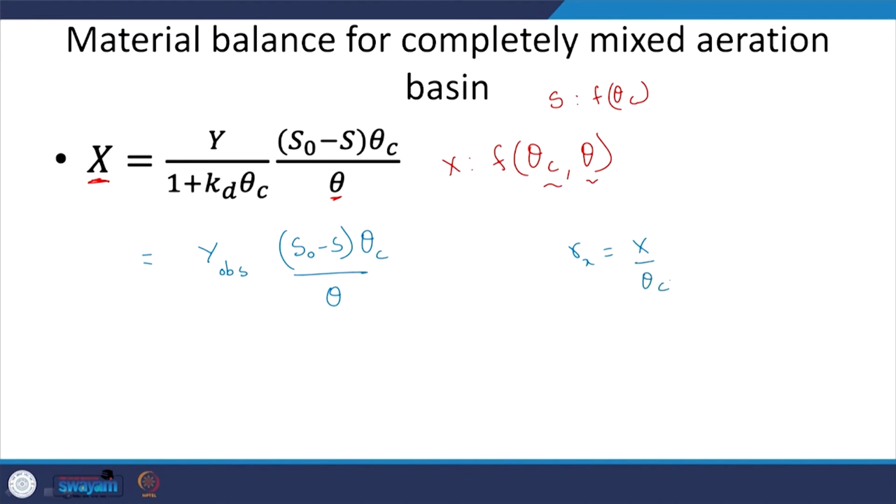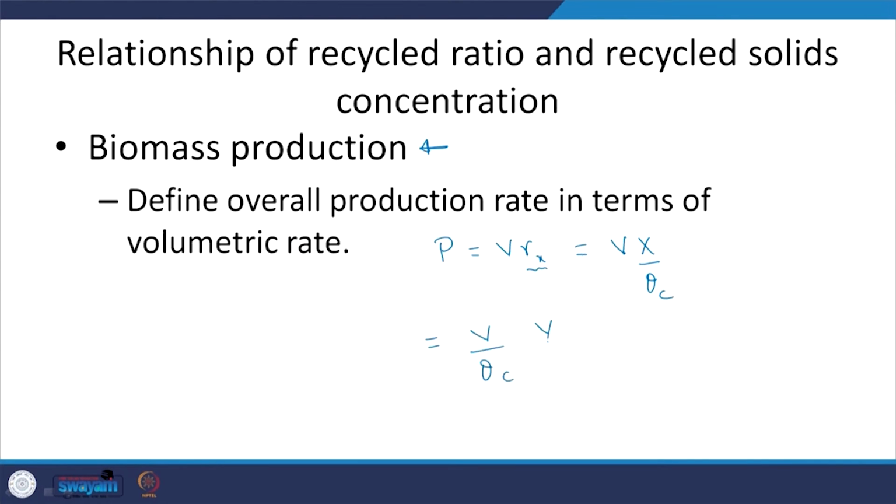Let me substitute this X term here: Y observed into S naught minus S, theta c by theta. I will cancel out theta c, ending up with V by theta into Y observed into S naught minus S.